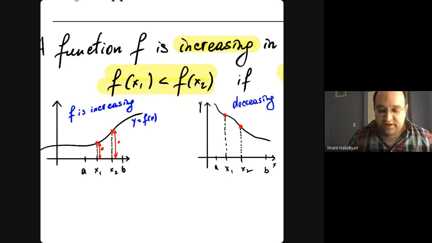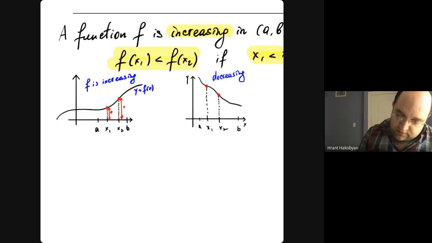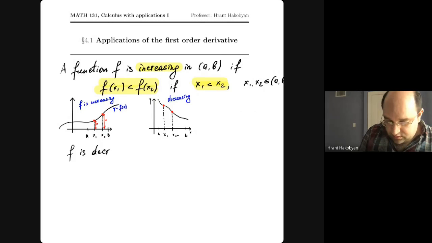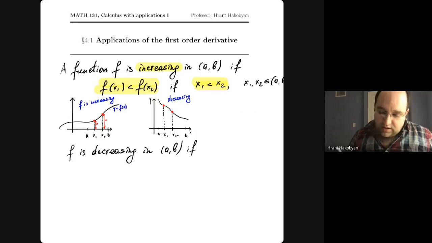Okay, so let me not write that down again. Actually, maybe I should write it down. So f is decreasing in this interval AB if we have the opposite inequality.